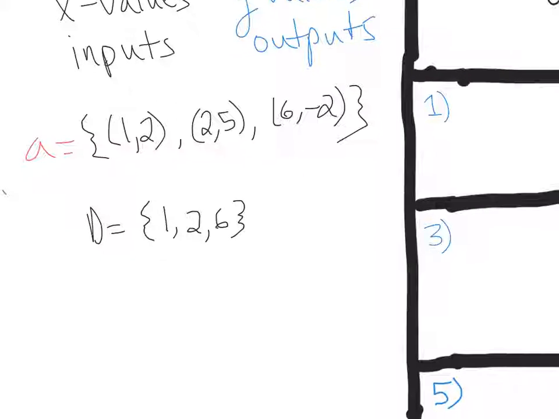And then my range would be all of my y values from those coordinate pairs. Here we can write those elements in numerical order from least to greatest: -2, 2, and 5. We can go ahead and add those elements to this range. That would be your domain and range.